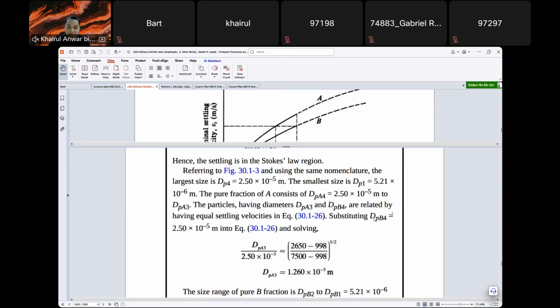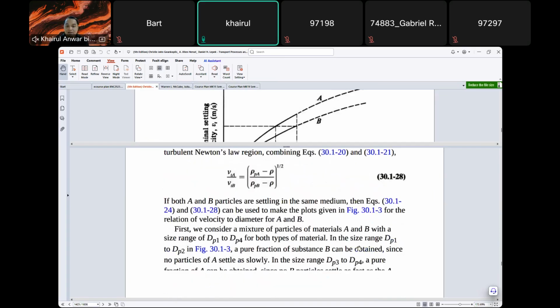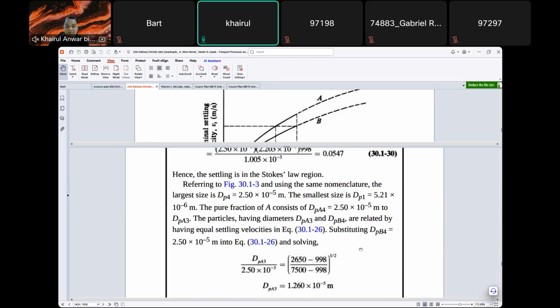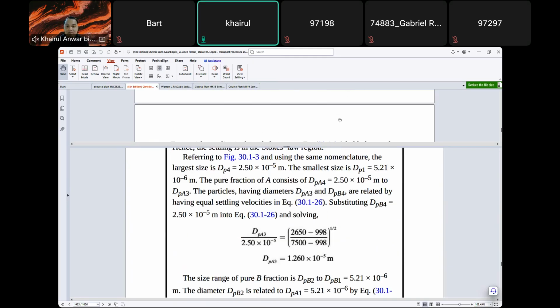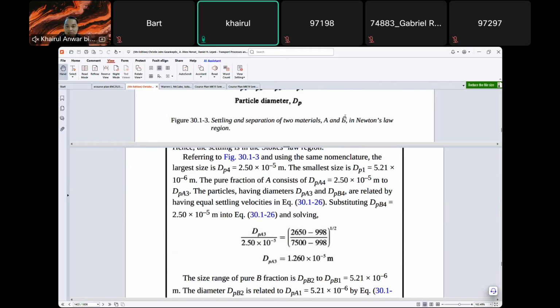Looking at this graph, dpa3 is from equation 30.1-26.